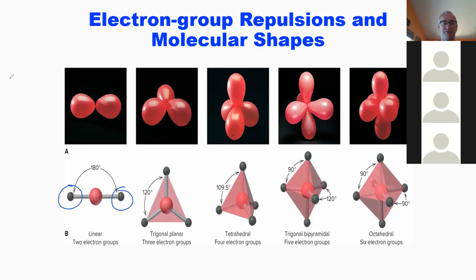The same is true here with boron, which forms three bonds. Tetrahedral for 4, and trigonal bipyramidal for 5, because this is the farthest away 5 can get. The farthest away 6 can get is an octahedral shape.